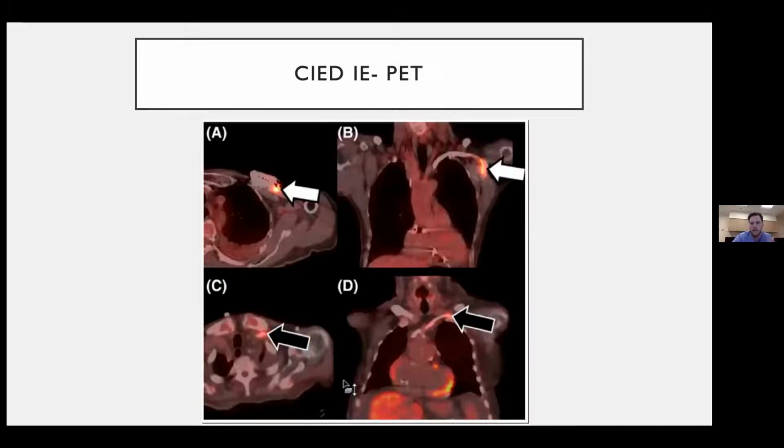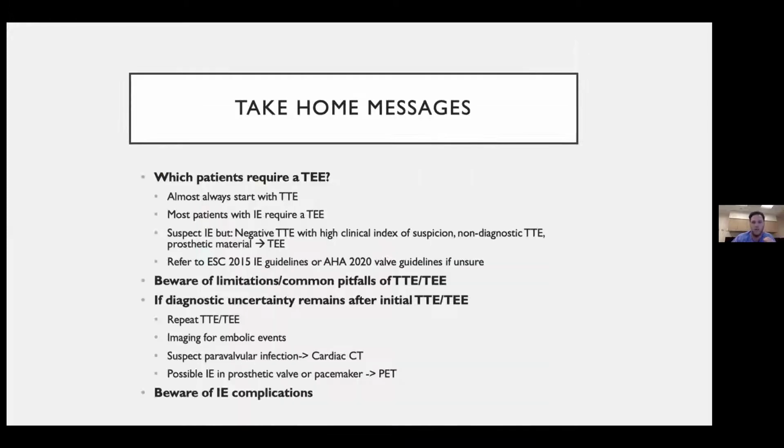Panels A and B here show fused PET CT scan for a suspected ICD pocket infection, which is confirmed by FDG uptake beside the device. Panels C and D show fused PET CT images in a different patient with suspected device infection, and what you see is FDG uptake along the left subclavian vein, suggestive of infection.